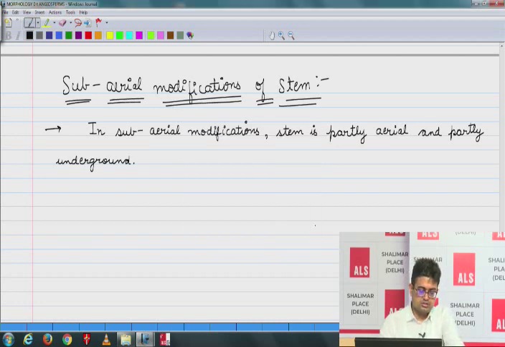So what happens is there are short aerial branches and adventitious roots developing at nodes.